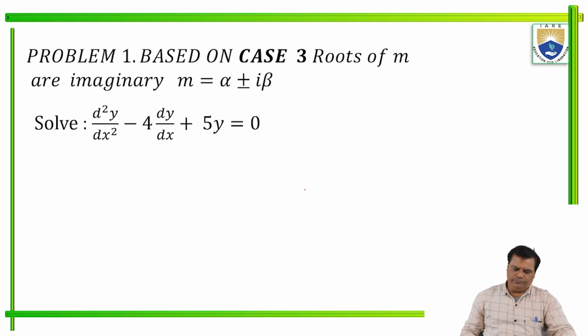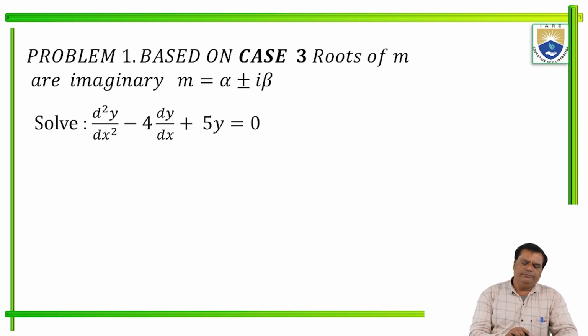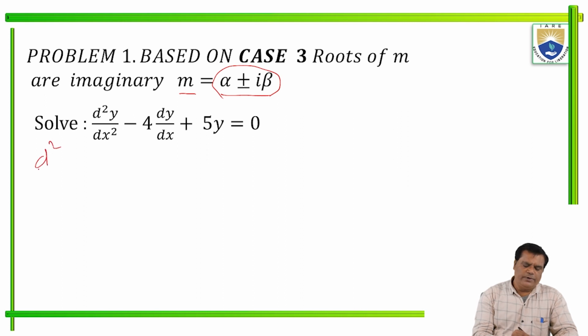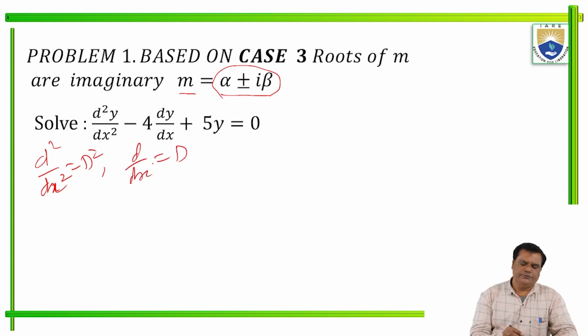Okay. Now, case 3. Problem 1 based on case 3. Case 3: roots of m are imaginary. Here m = α ± iβ. I am solving this problem here. Same as before, d²/dx² is D² and d/dx is D. So I am writing equation 1: (D² − 4D + 5) y = 0.